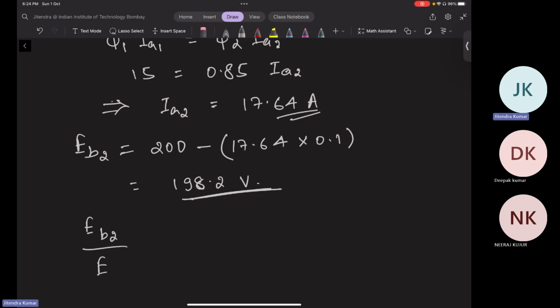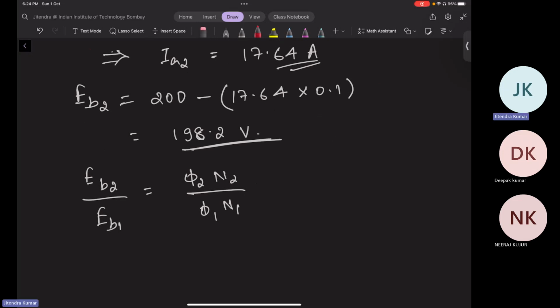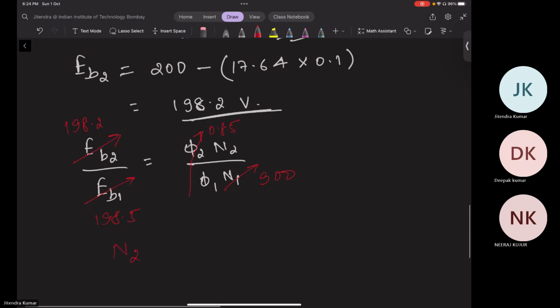EB2 by EB1 equals phi 2 N2 by phi 1 N1. Now you just plug in 198.2 here, 198.5, phi 2 by phi 1 is 0.85, N1 was 900. What will be the N2? So N2 will be approximately 1057.4 RPM.